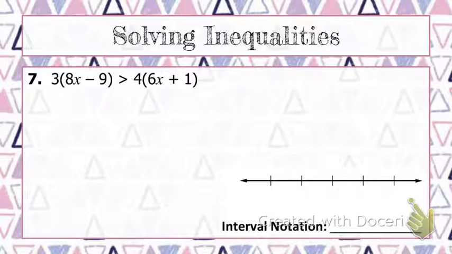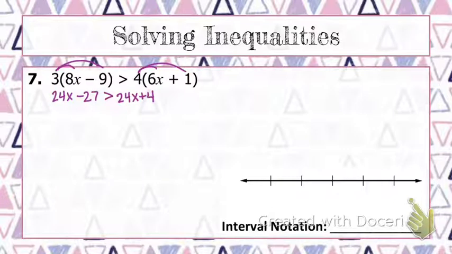Now, number 7. We're just going to keep rocking through these. We've got this one and 2 more examples after that. Okay, so distribute. 24x minus 27 is greater than 24x plus 4.